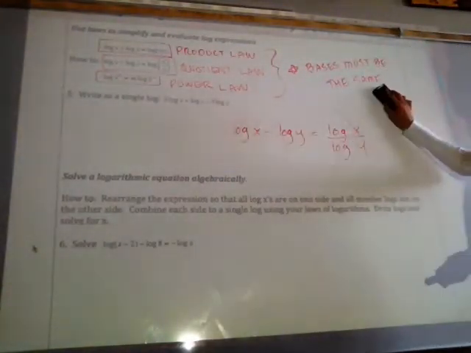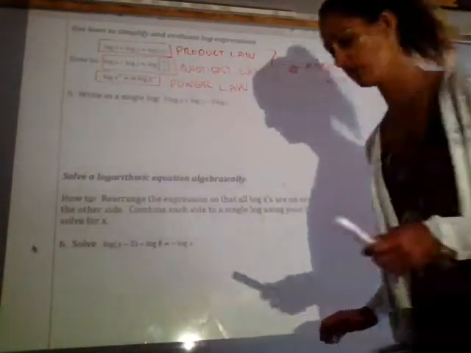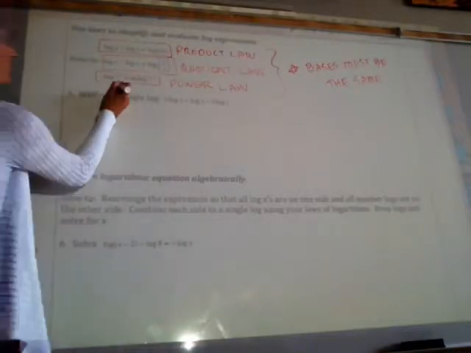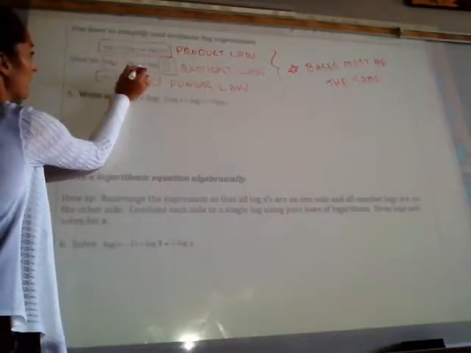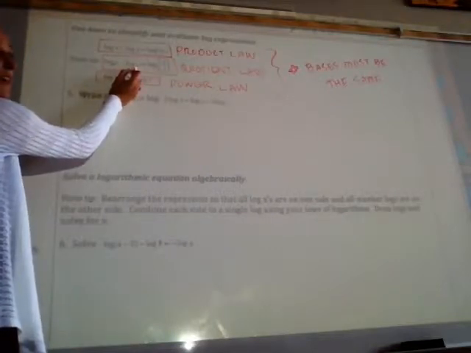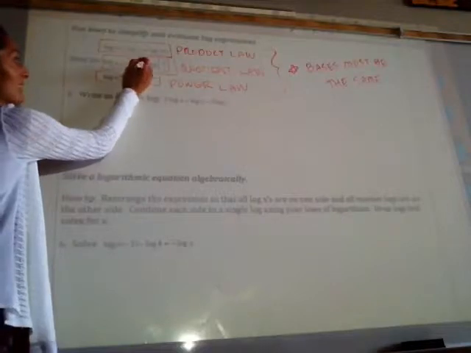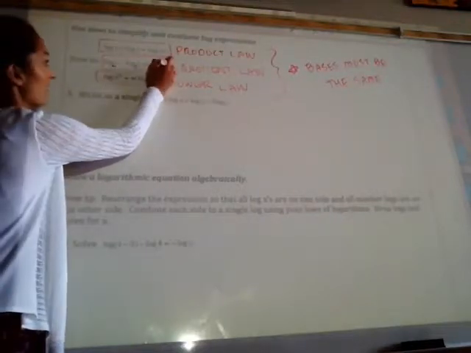So we probably have time for one more question. You're saying bases must be the same for all of them, or just the product? So do you see how this was base 10, base 10? If these bases are the same, then you can apply the quotient law. So in order to do any of those laws, we just have to have the same base?